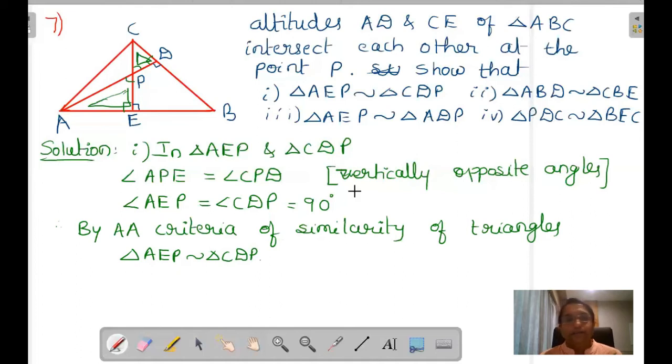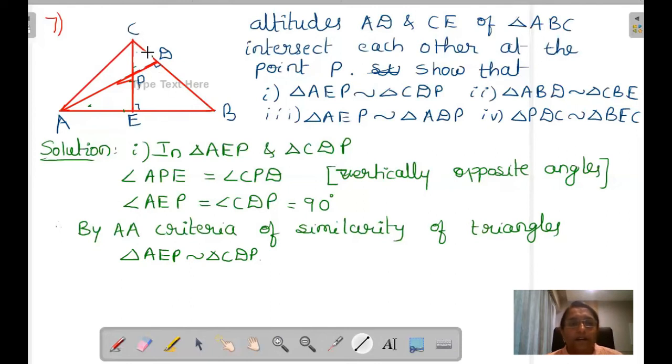Next, second one. Just a minute, I'll erase this, otherwise it will be confusing. Okay, second one, triangle ABD is similar to triangle CBE.